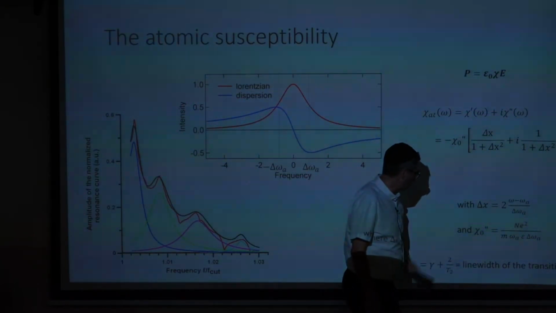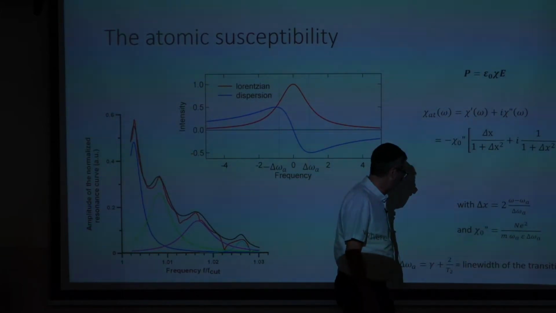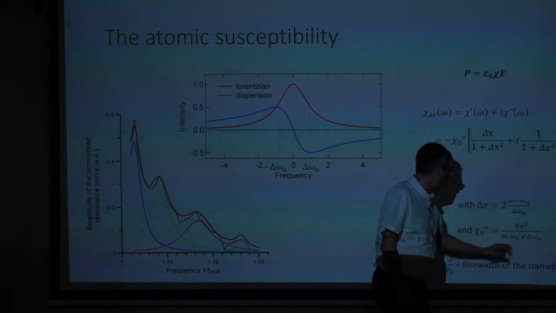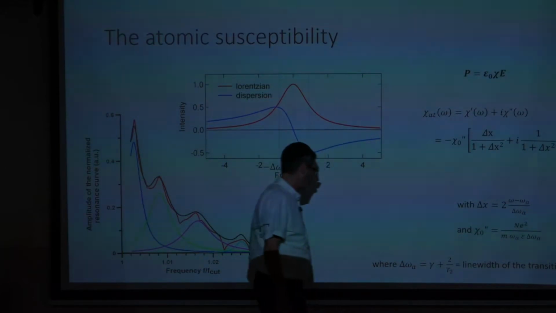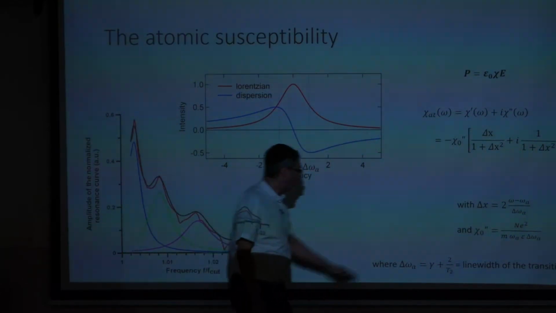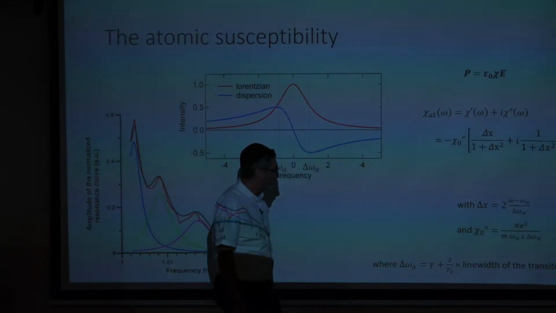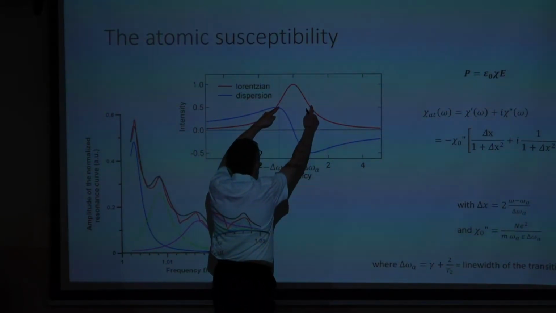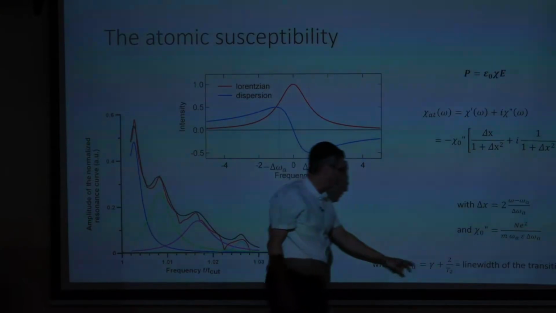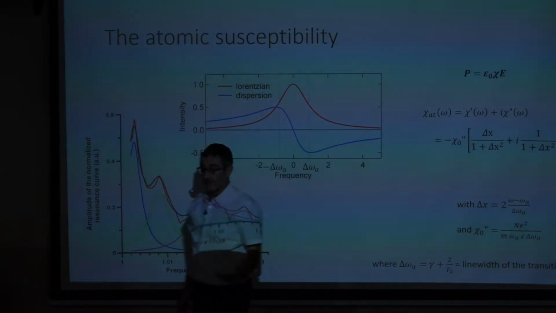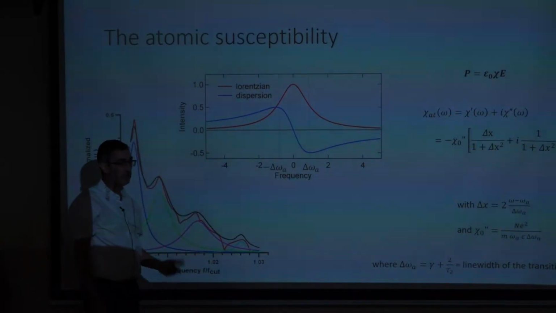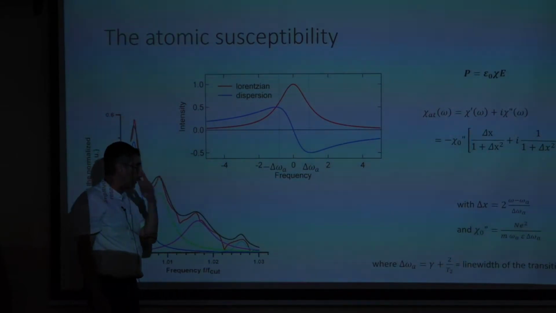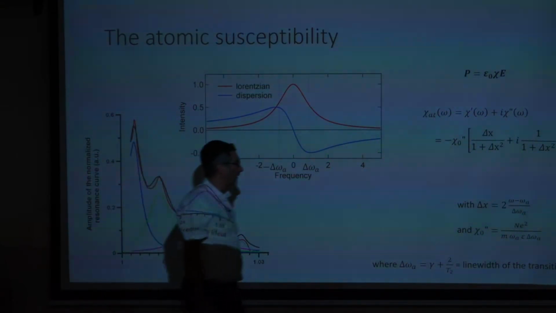And chi 0 prime here is given by this expression that we calculated last time. And delta omega A here is the line width of the transition. The line width at half maximum is given by this expression, which is exactly the damping factor when you solve the homogeneous equation without the external field.